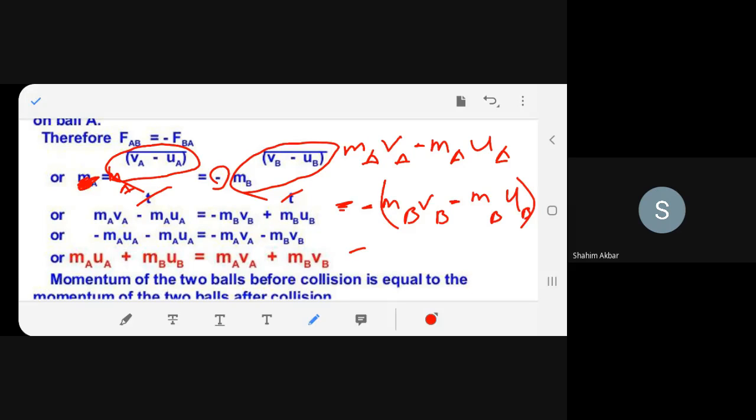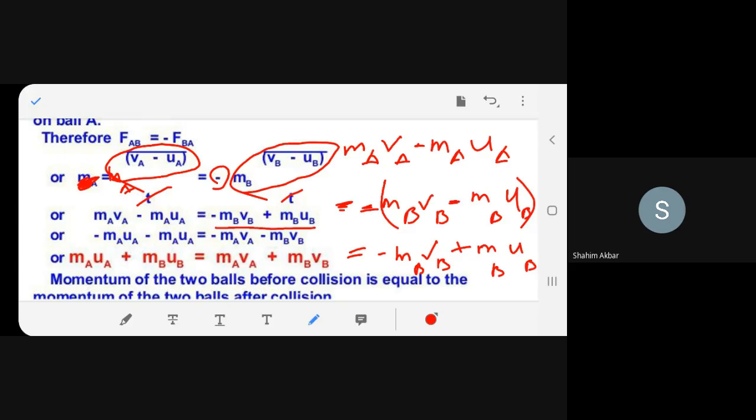And when I open the bracket, what will it become? MB VB plus, because minus and minus becomes plus, MB UB. Got it? This is what you have got now.